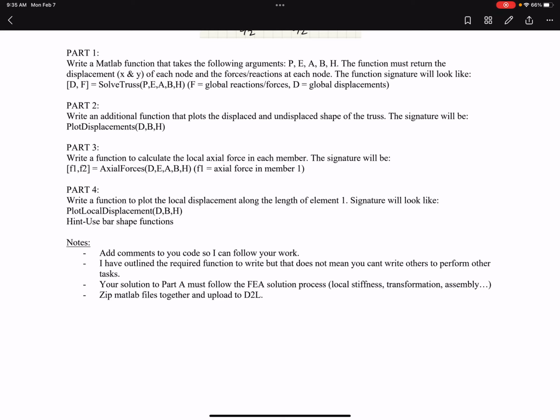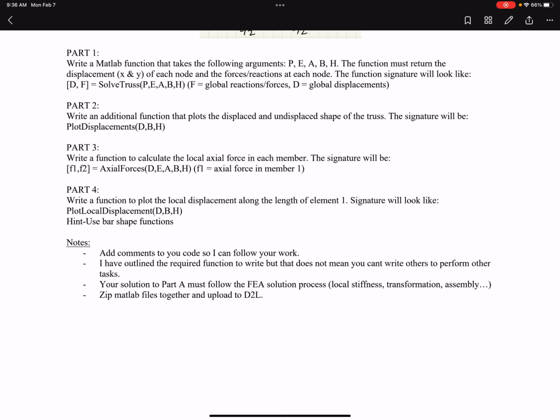That's an actual thing we need to write, like the function signature, solve truss. Yeah, literally, this is the syntax for establishing the function in MATLAB. When you do it in MATLAB, you essentially take off this front part and you say, I want to solve truss. So essentially, I want to run this program. Solve truss is a function, which is a program. You're going to make that function solve truss to where you put in these inputs, it's going to give these outputs.